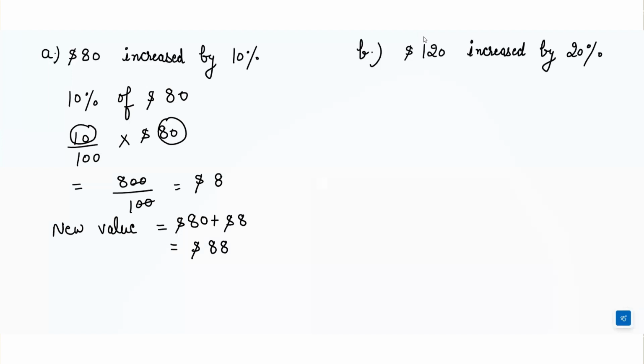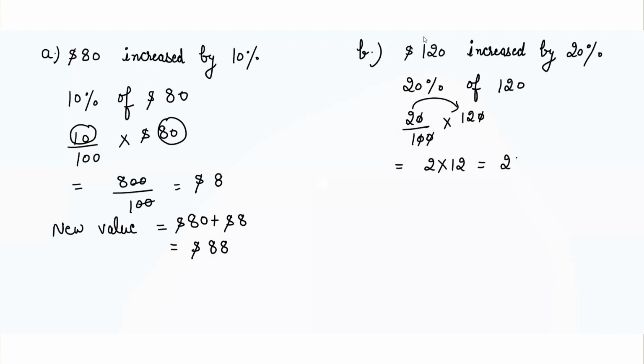Then similarly, in the next question, first we have to find out what is 20% of 120. So 20% means 20 over 100 into 120. If you want to cancel the zeros, you can cancel over here also. This 0 you can cancel with this 0, and you will get 2 into 12, which is equal to 24.